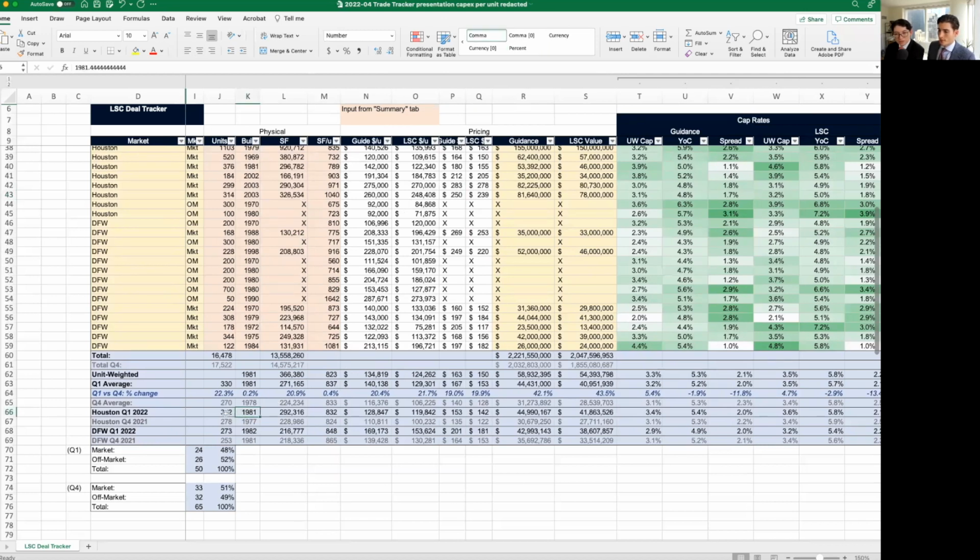Our unit count in Q1, we averaged 352 units underwritten versus 278 per deal last time. Our vintage has gone up by 4 years to 1981 on average. Price per door has gone up as well. So it's not just that we're getting more aggressive, because we're actually about 10,000 a door cheaper than the guidance in both cases.